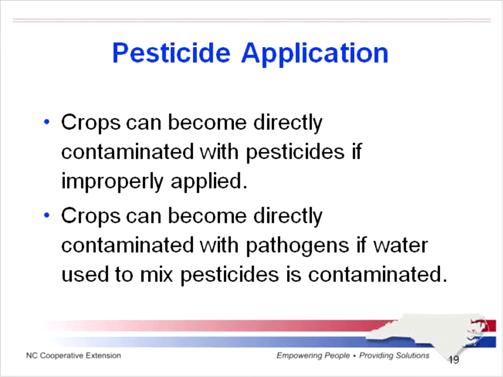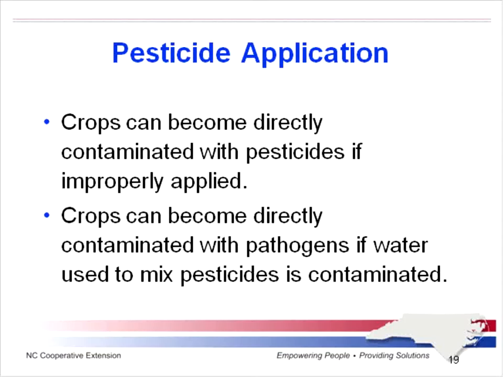For pesticide applications, crops can become contaminated with a microbial contaminant during those operations as well. We received a good question during earlier training on application of pesticides and microbial water quality.